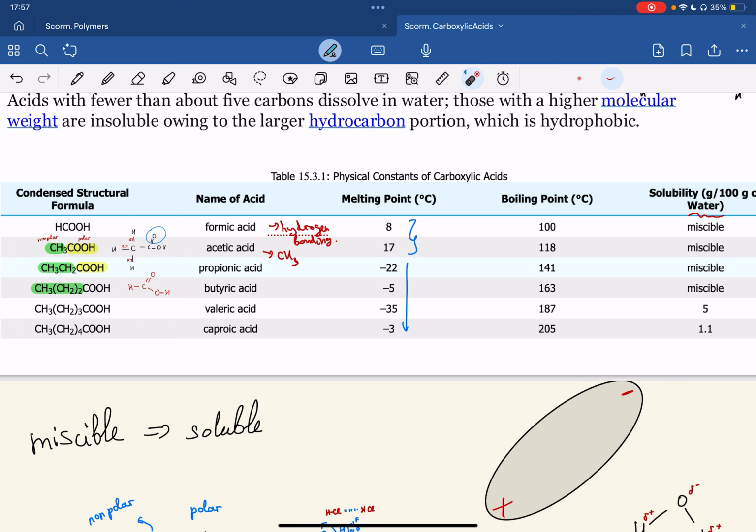For the boiling point, the trend is always upward. Again, we might have exceptions, but usually we will not ask you the exceptions. But for melting point, remember only the formic acid and acetic acid exceptions. For the others, we will not ask you any other exceptions.